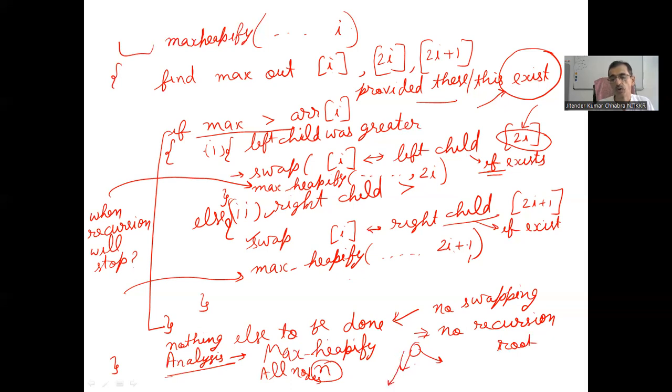Either you will go to the left side every time or you will go to the right side. Finally, you will go to the last node at most. So in the worst case, you might go from root to the last node, from node 1 to the last leaf.